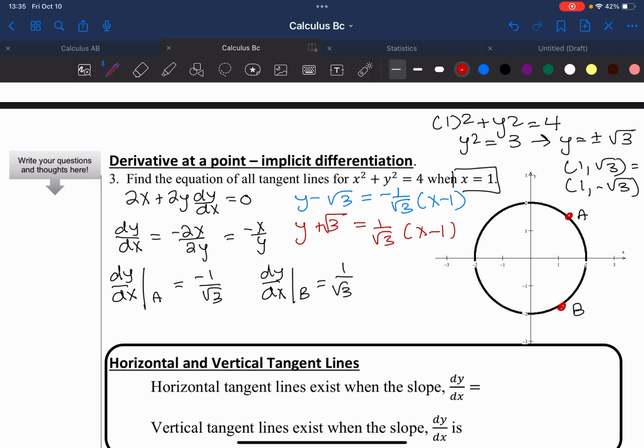Looking at the slope and the point and then the tangent line that I just figured out, the first one, the blue one, was in terms of A, and so this was my tangent line for that one, and then this one was in terms of B, so this is my tangent line for that one.